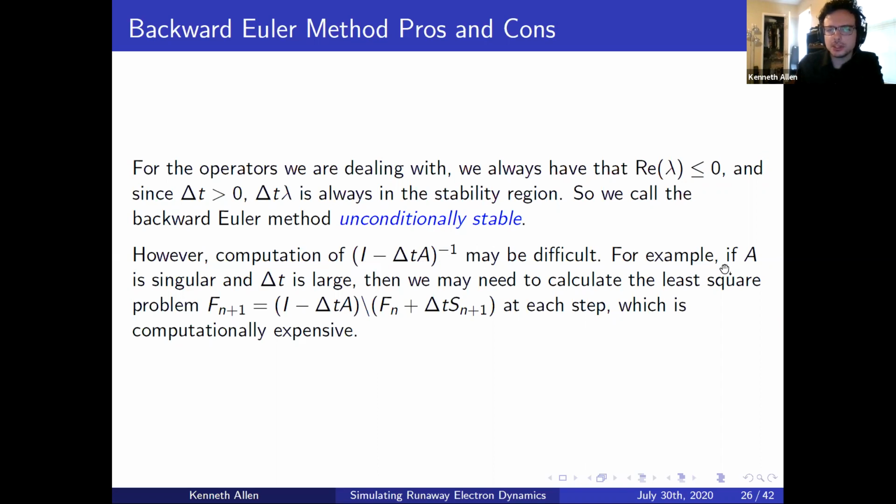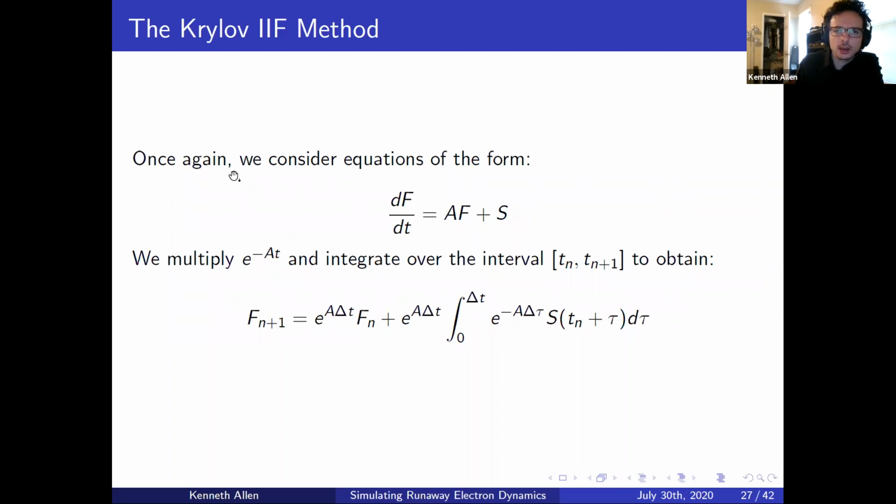For example, if A is singular and delta t is large, it may be very difficult to compute this matrix inverse. We may need to solve a least squares problem at each time step, which can be computationally expensive, and it's definitely more computationally expensive than the forward Euler method, where we only need to do a matrix times vector multiplication at each time step.